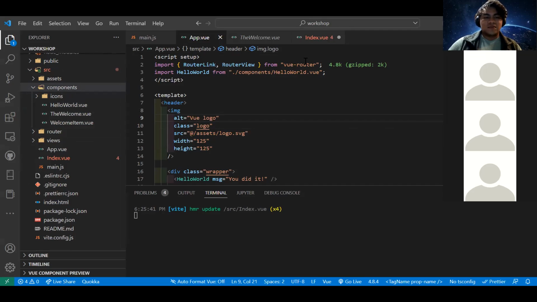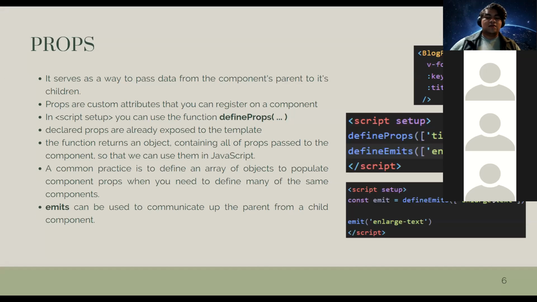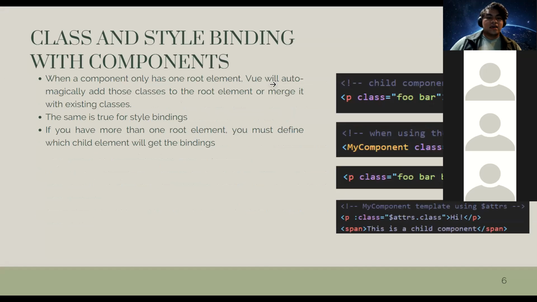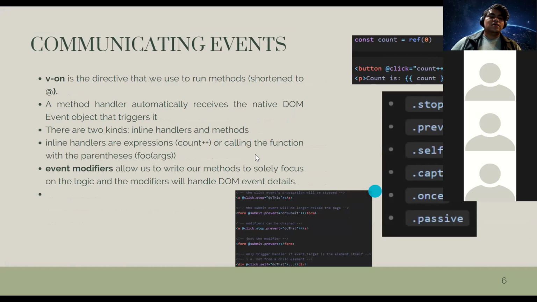So yeah, component basics. Props is how you talk from a parent to a child. And this is style bindings. If you want to do functions, you can do the same thing as with the variables.